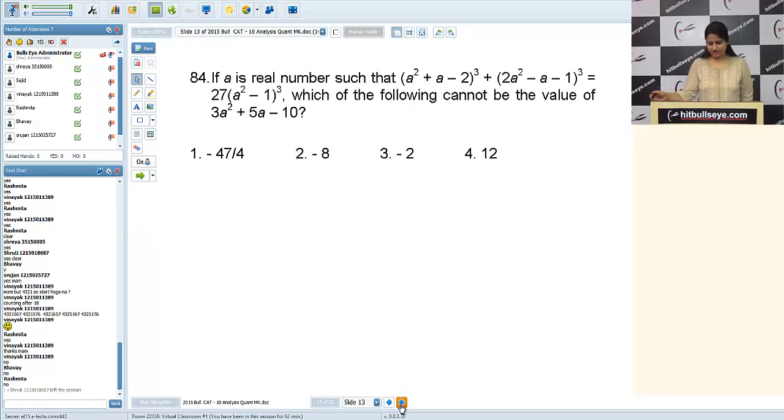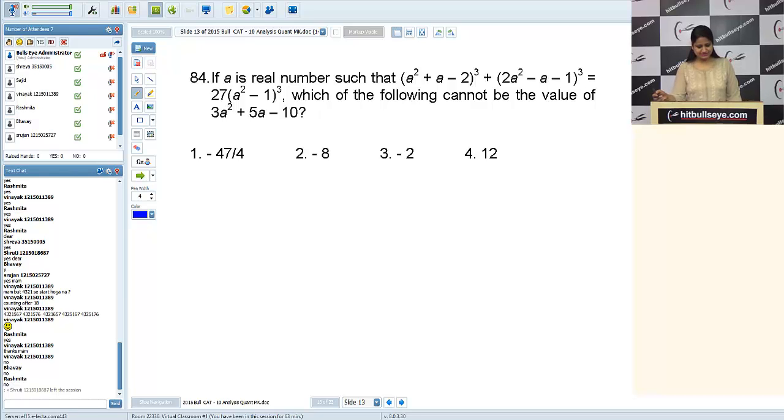Question number 84, again an avoidable question on algebra. Very difficult it was. Explanation is the best part I can do in the sum, otherwise this is very difficult. Otherwise you can take the expansion of these three expressions. The terms will get cancelled.